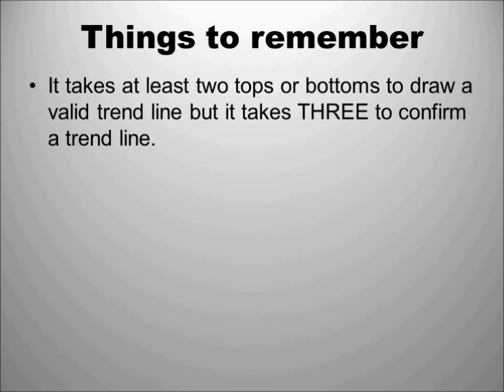Now, here are some things to remember when we are examining trends. We need to know that it takes 2 tops or 2 bottoms to validate a trend. However, we need at least 3 tops and 3 bottoms to confirm a trend.